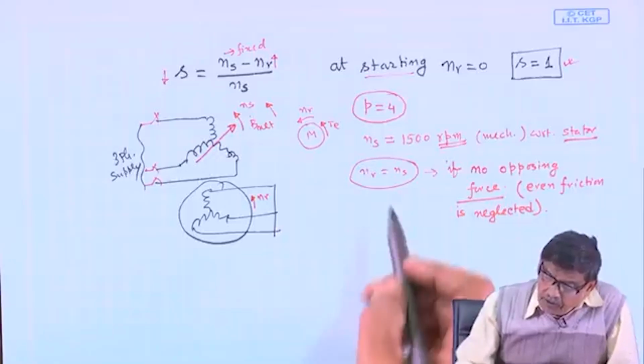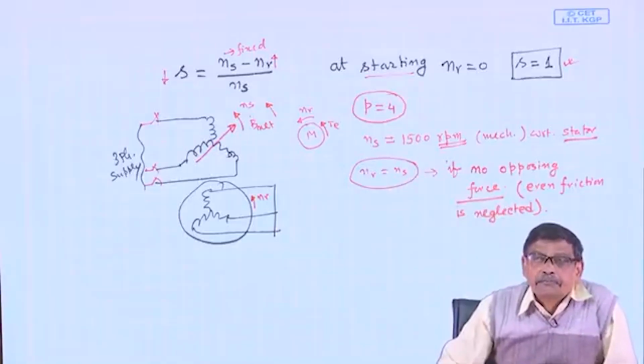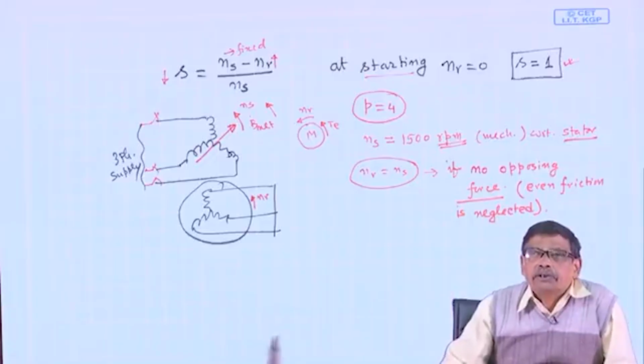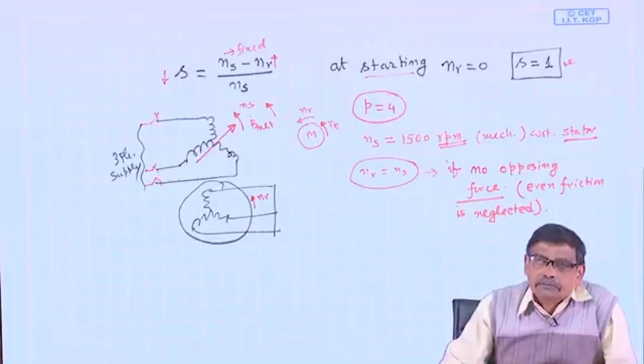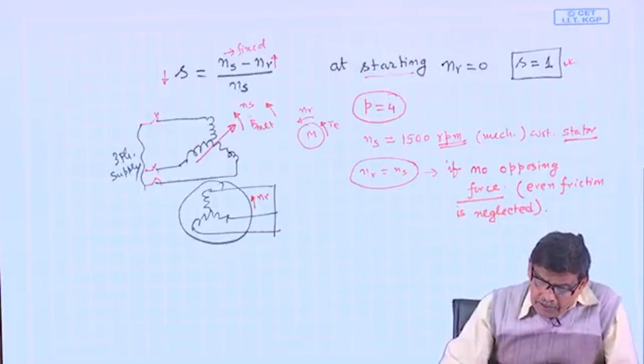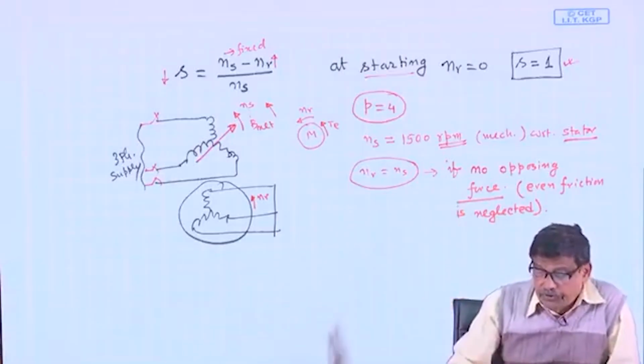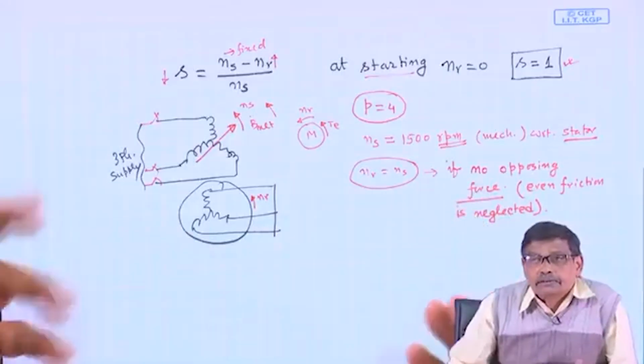Then the rotor will also run at 1500 rpm, and in a frictionless environment you do not require any torque to be applied, it will continue to run, but that is an ideal situation. Now, at best, at most, Nr could be equal to Ns.